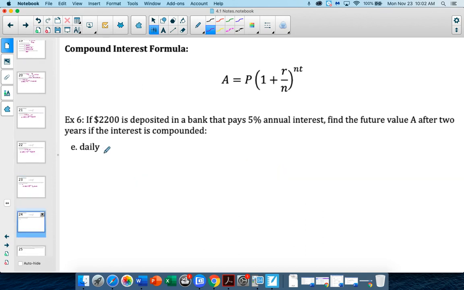Let's do daily. What if they compounded every single day? Well, that would be 365 times for the year, right? So we're using the same formula, same information, just plugging in 365 for n now. So A equals 2200 times 1 plus 0.05 over 365 to the 365 times 2 power.